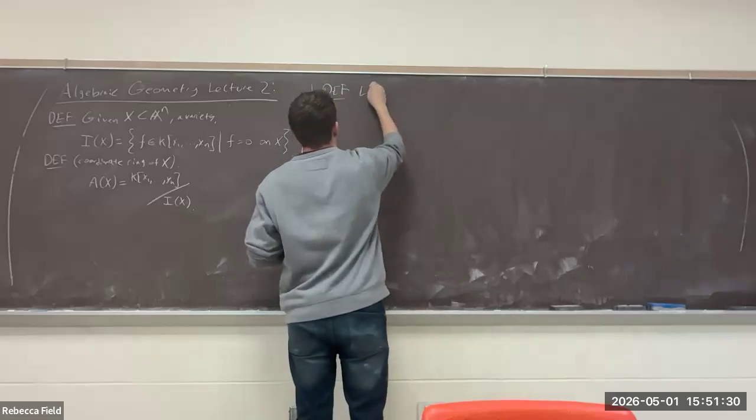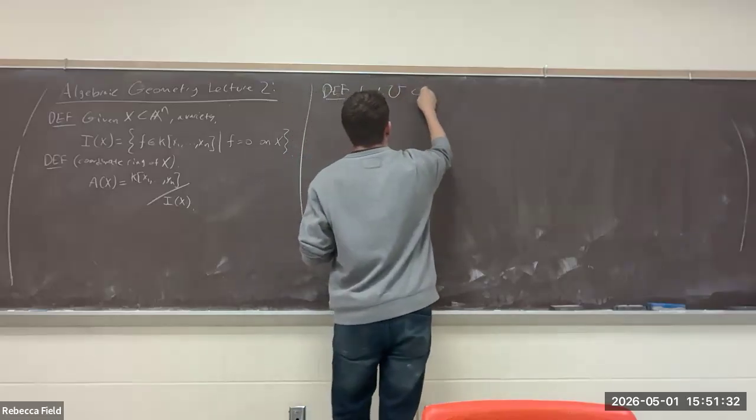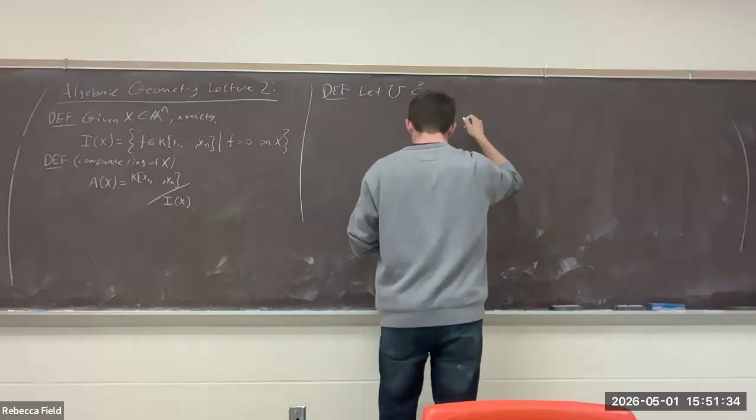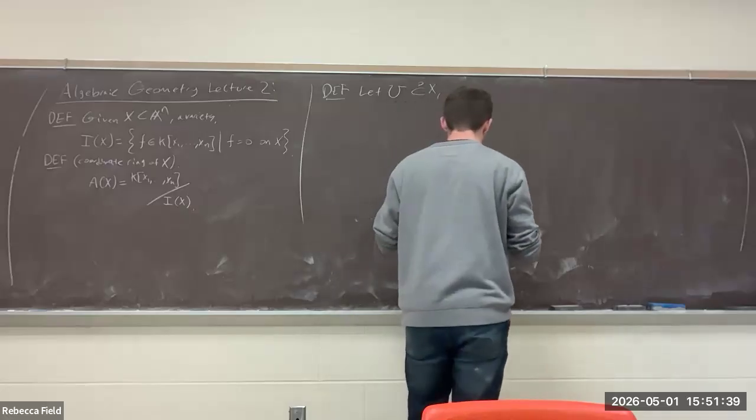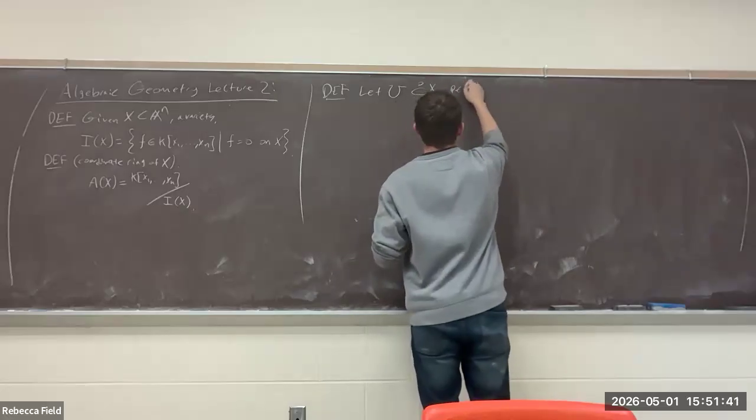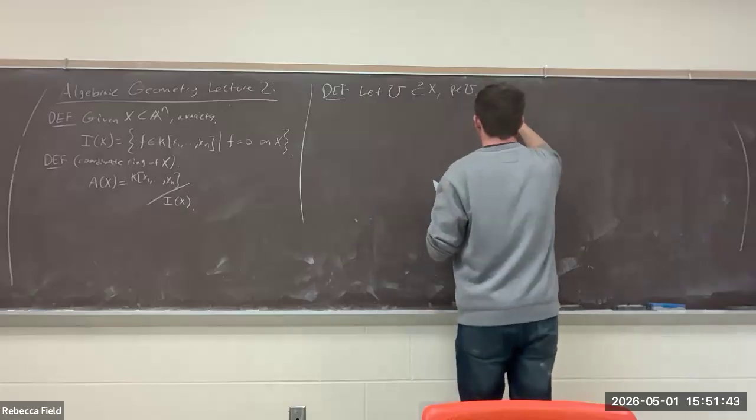So let U be open, Zariski open rather, in our variety, be any set that's open, and let P in this open set be any point.